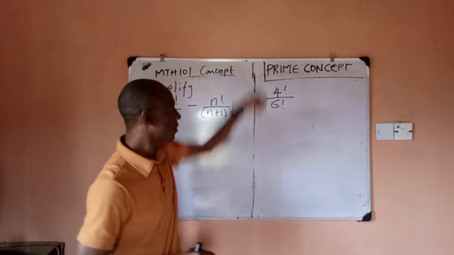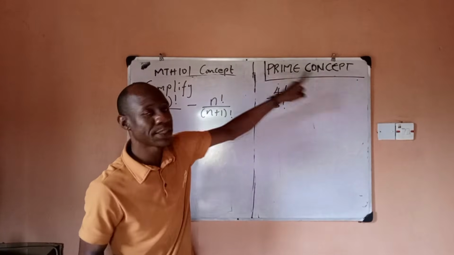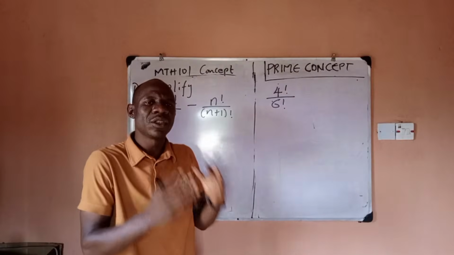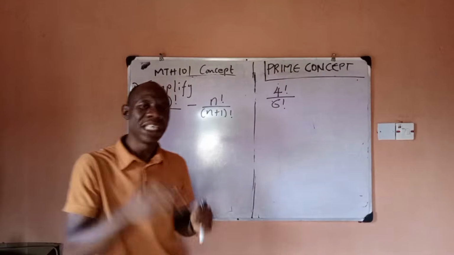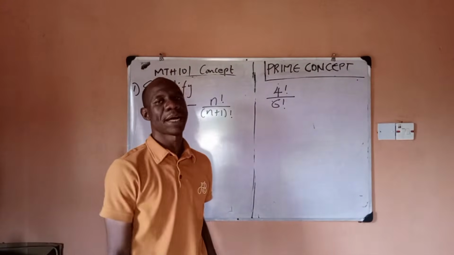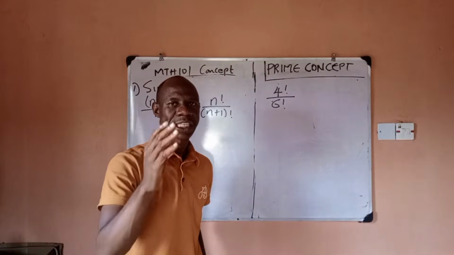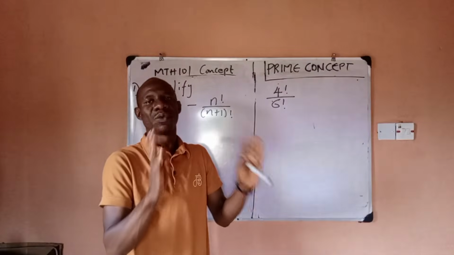Don't try that. So factorial can never cancel factorial. So you need to expand. Now, when do you expand? You have 4 and you have 6. If you want to expand, please expand the bigger number. Leave the small one the way it is.